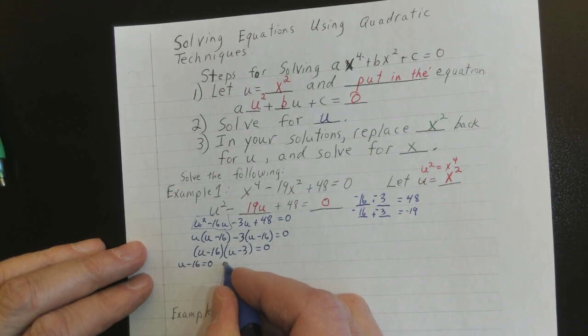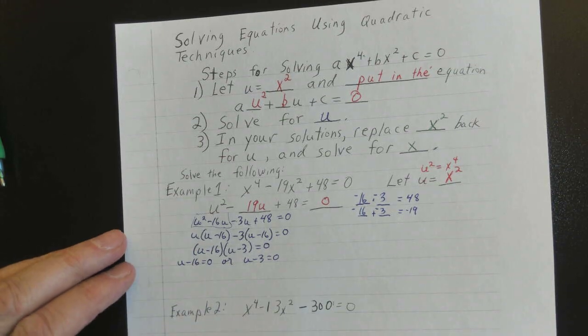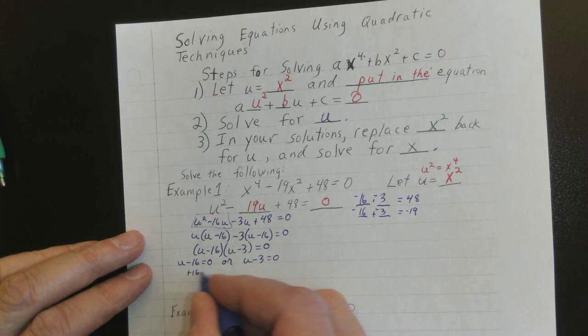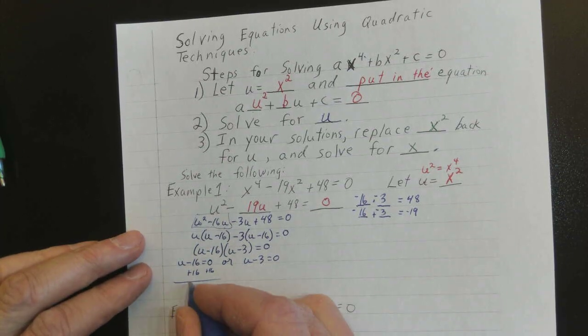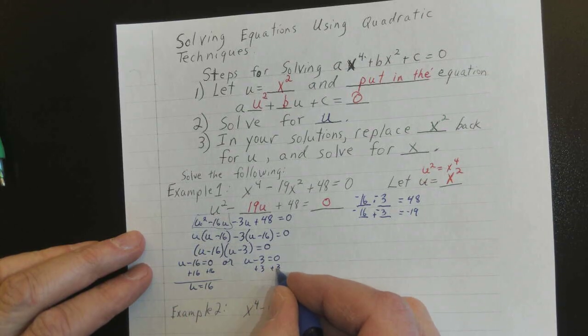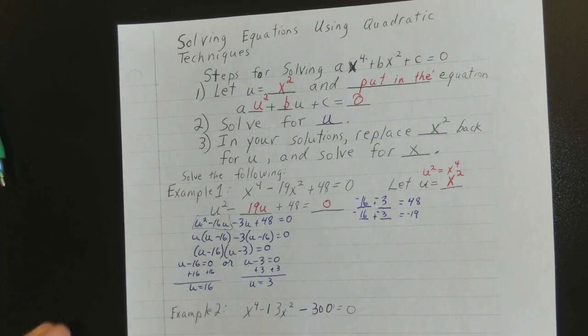And then solve. U minus 16 equals 0, or u minus 3 equals 0. I get u equals 16 here. If I add 3 to both sides here, I get u equals 3 here.